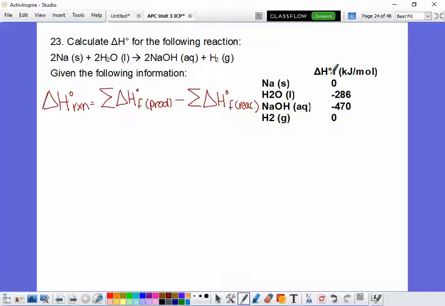This chart is found in appendix number 4 in your textbook, and it actually also has delta G and delta S values for each substance. For right now, we're only using delta H. But they used to give you these huge charts, and you'd have to spend time flipping through them. Now, they just give you the pertinent information in the problem.